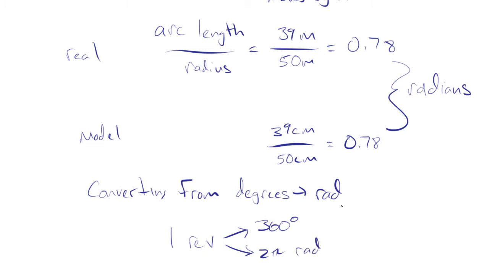So the conversion factor is 2 pi radians equals 360 degrees. If you divide that out, you get 1 radian is equal to about 57 degrees. So that's how you convert, and you'll have to do that from time to time.